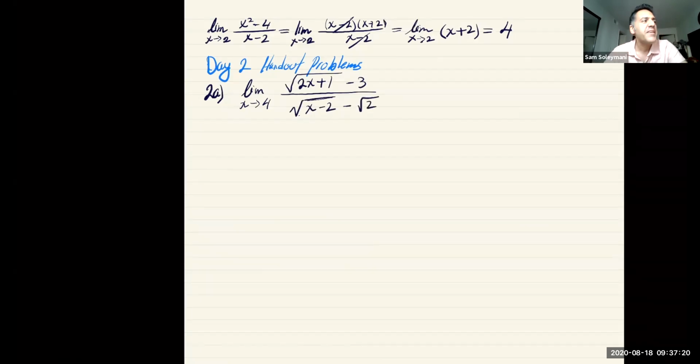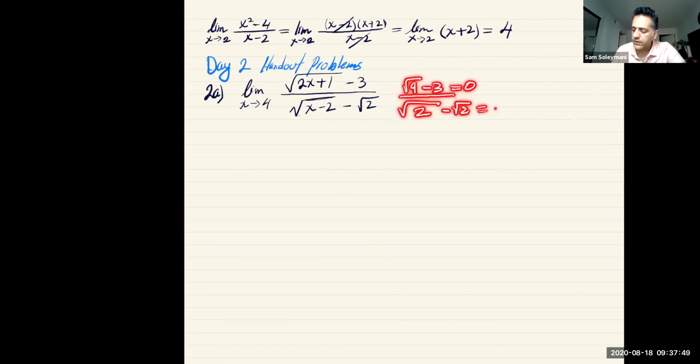It's gonna annoy me. Okay, so when you plug 4 in here, what is going to happen? You get 2 times 4, that's 8 plus 1, this is a 9. Okay, so you get root 9 minus 3, which is 0. In the denominator, you get root of 4 minus 2, which is 2 minus root 2.